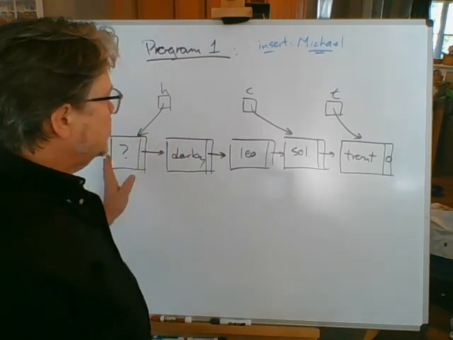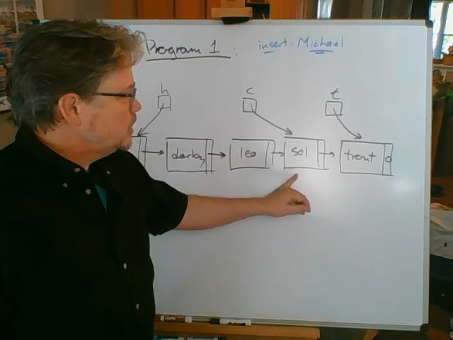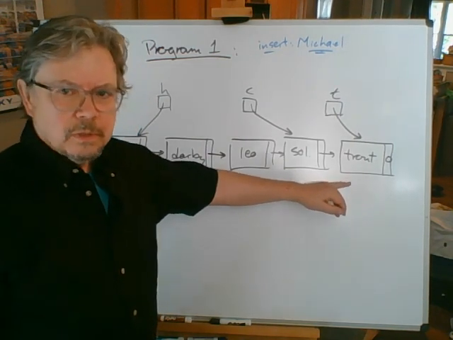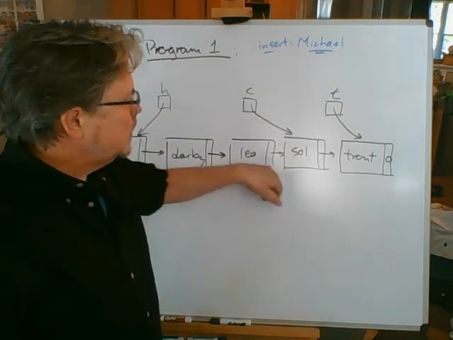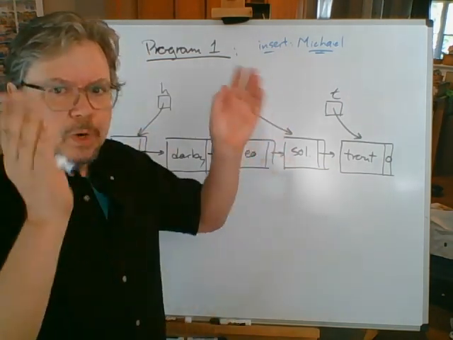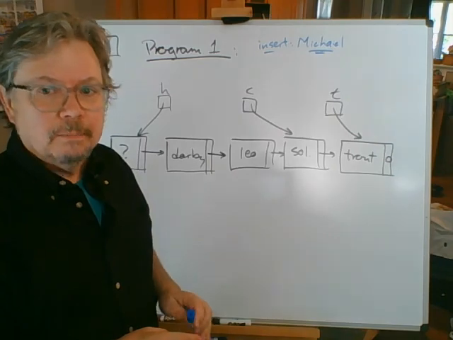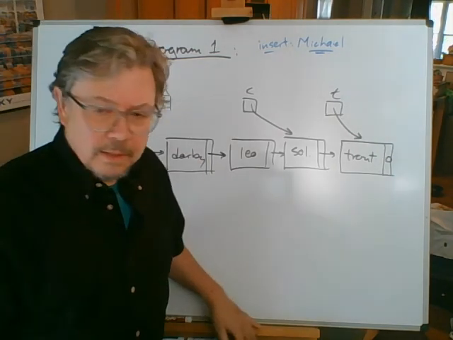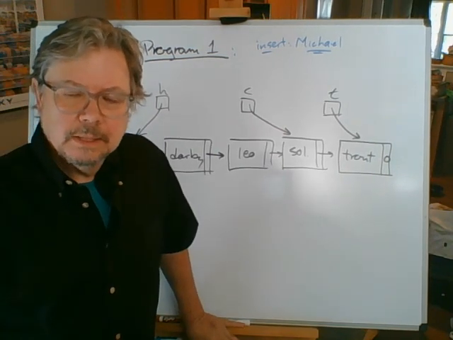Well, if we just insert right now, Michael is going to get squeezed between Solomon and Trout. And voila, all of a sudden we violated about the only new class invariant we'll have, which is that the list contents are kept in alphabetical order.